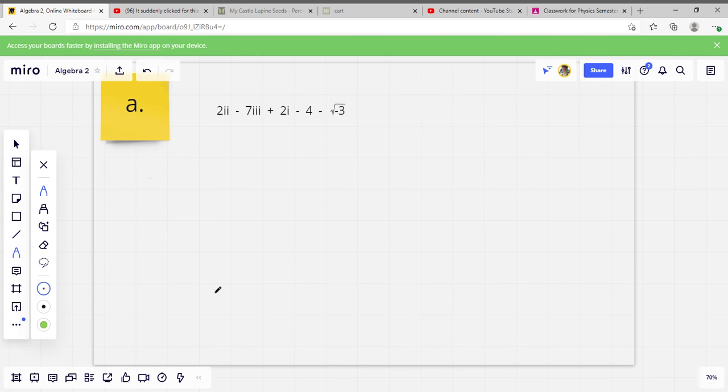All right, so we're going to start with changing this notation here. So 2, and we're going to group those i's together, minus 7, and we're going to group these two, plus 2i minus 4 minus, okay, so the square root of negative 3 would be equal to the square root of 3 times negative 1.